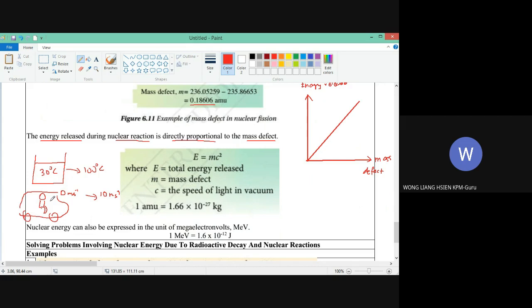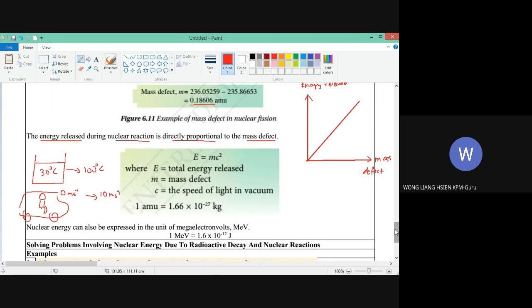The car moves and pushes you and increases your velocity. So that means the kinetic energy of your body increases, right? So when the kinetic energy of your body increases, then the mass of your body also increases. So when you're moving, your body has greater mass compared to when you are not moving. So energy actually has mass. Understand?